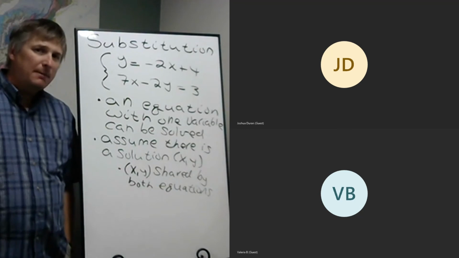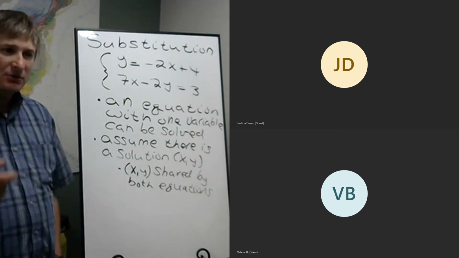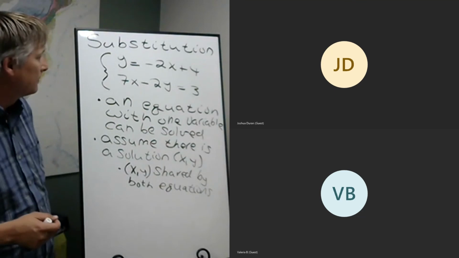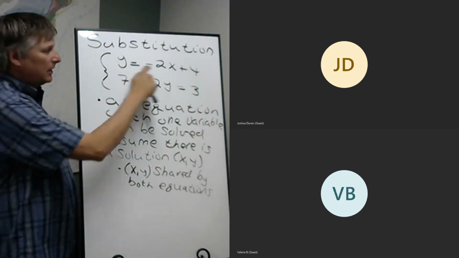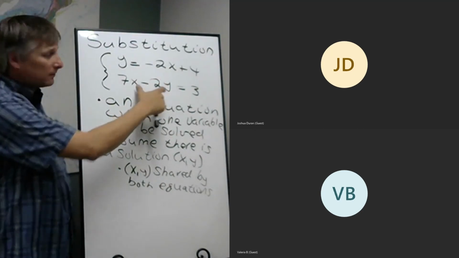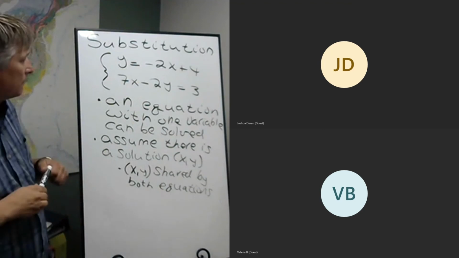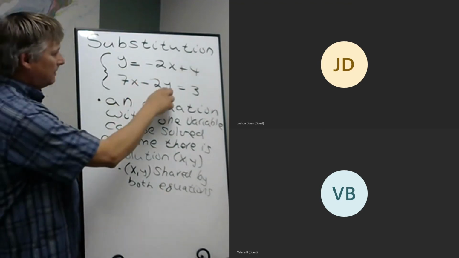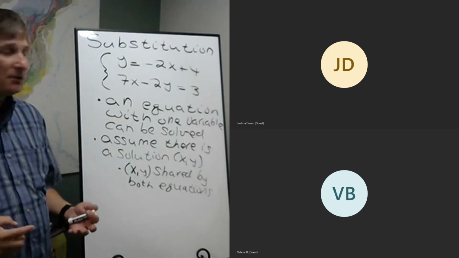So when we're talking about the solution x, y, well, if x comma y is a solution, then the y, for example, will work here, and the x will work here, but they will also work here as well. So if y is one of the solutions, then we're going to be talking about the same y in this case.